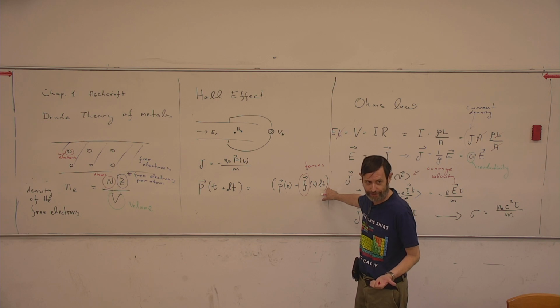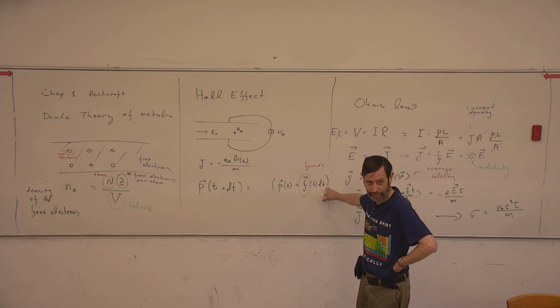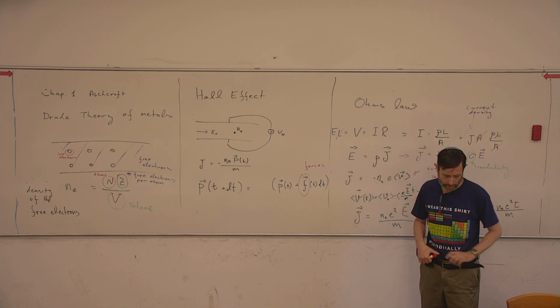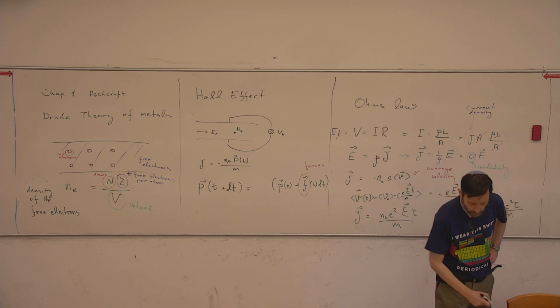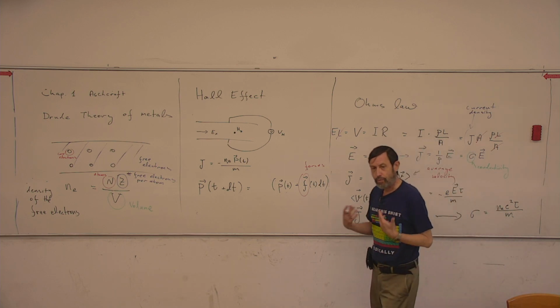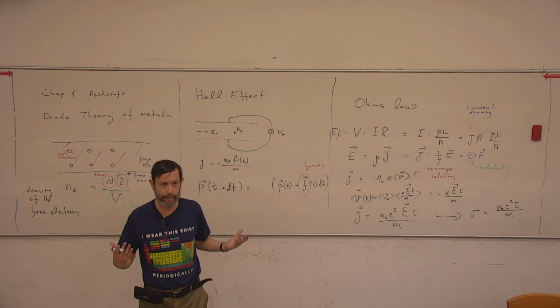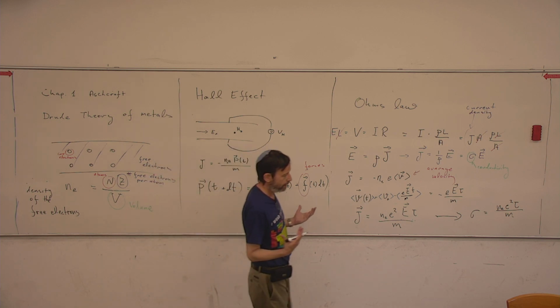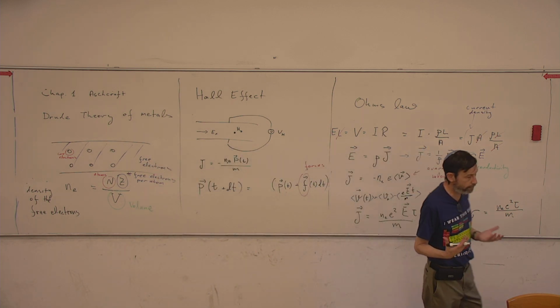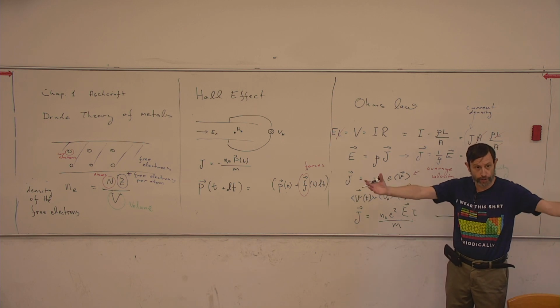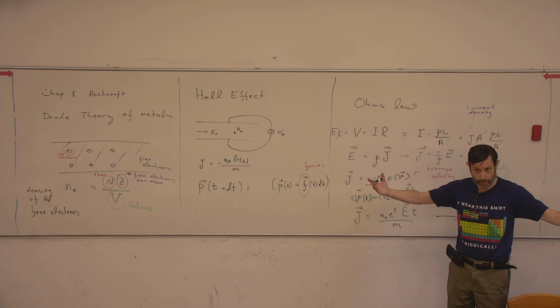Impetus, if you hark back to the beginning of mechanics. F times dt is the change in the momentum. What is new here? That we added something that doesn't exist in Newtonian mechanics, which is these collisions that transfer energy out of the system.